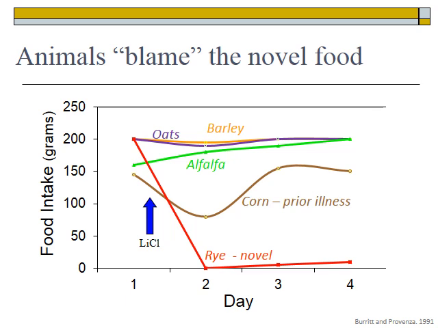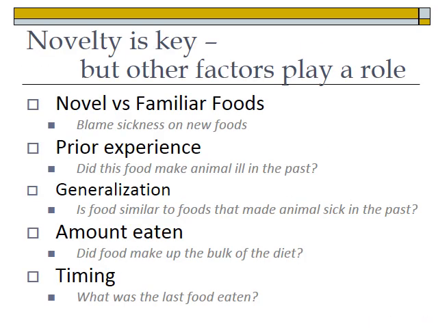Well, novelty is very important, but there are other factors that play a role. So novel versus familiar food: blame the new food. Prior experience: blame the food that made you ill in the past. Generalization is the idea that if you ate a new food that was maybe of the same genus or had some of the same flavors as a food that had made you sick in the past, then you would blame that food.